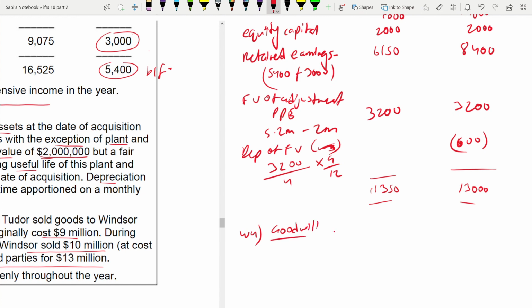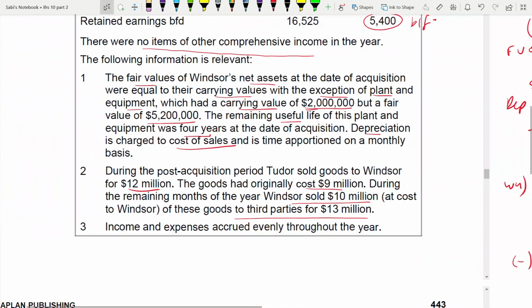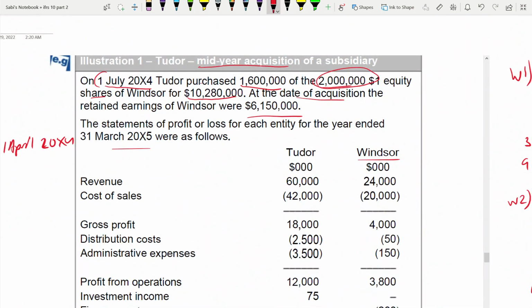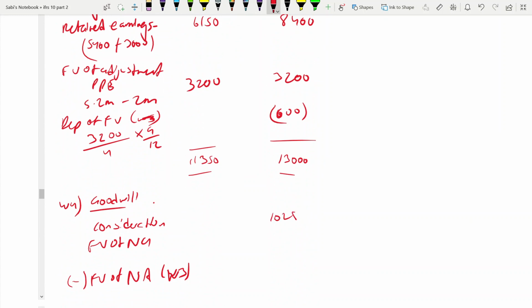Now you need consideration. This is the method for goodwill. Now you need fair value of NCI at acquisition. Then you need minus fair value of net asset. Now do you understand why you need that working 3 net asset? Because you need it here. So consideration, you have bought it for how much? 10 million 80,000. 10,080. Now fair value of NCI.